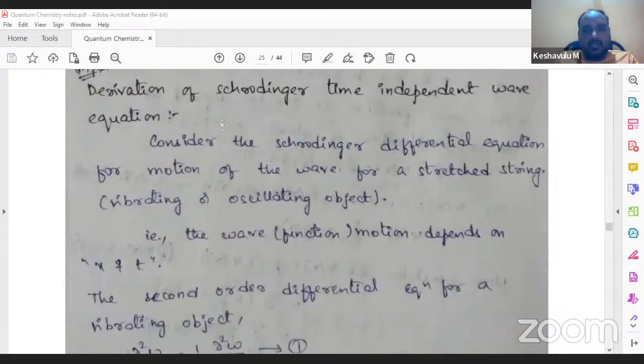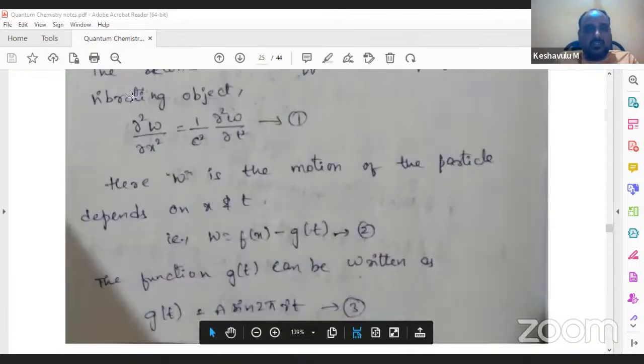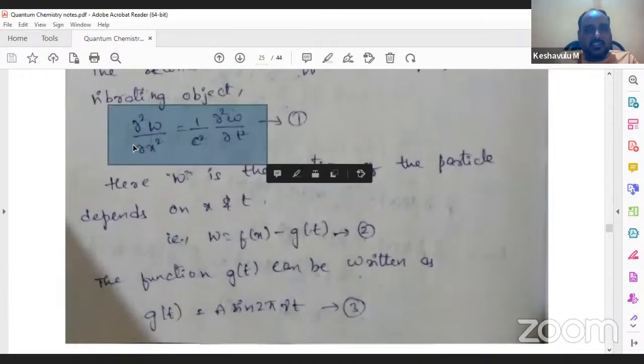For that, we are utilizing a vibrational wave motion. Whenever an object is in vibration, it may possess momentum. So the wave function depends on x and t. For this, the second order differential equation can be written in terms of x and t: dou square w by dou x square is equal to 1 by c square into dou square w by dou t square.